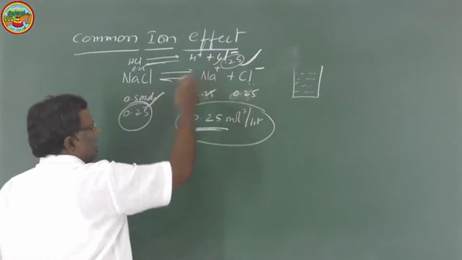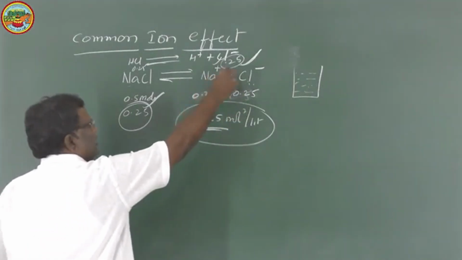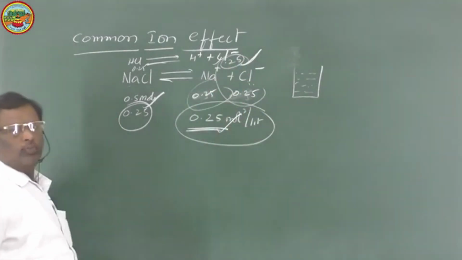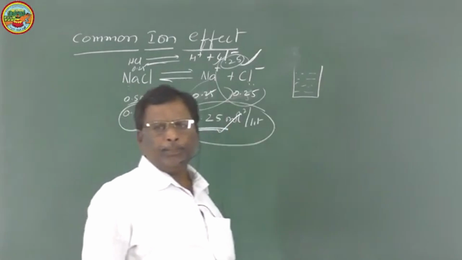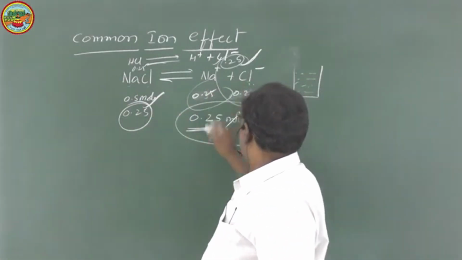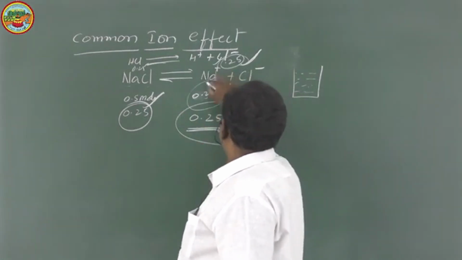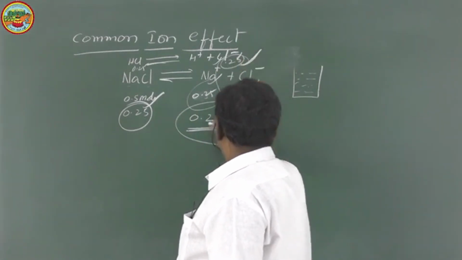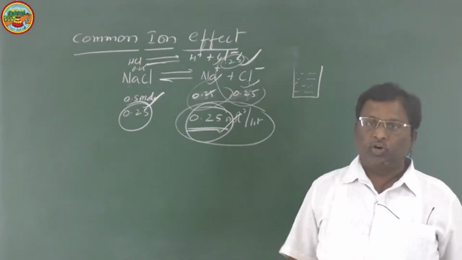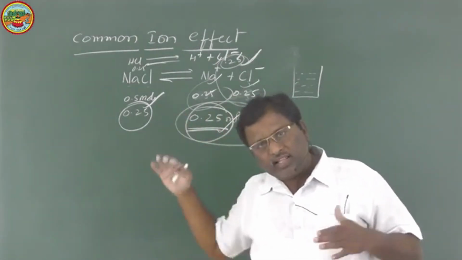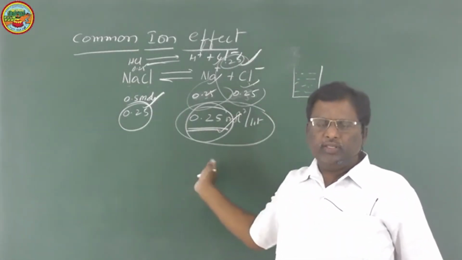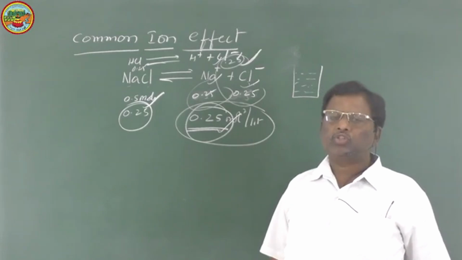Immediately after adding it, the product will exceed 0.25 before all dissolves. When the total concentrations of Na plus and Cl minus reach this value, the solubility will stop, at a concentration even less than 0.25 of NaCl.